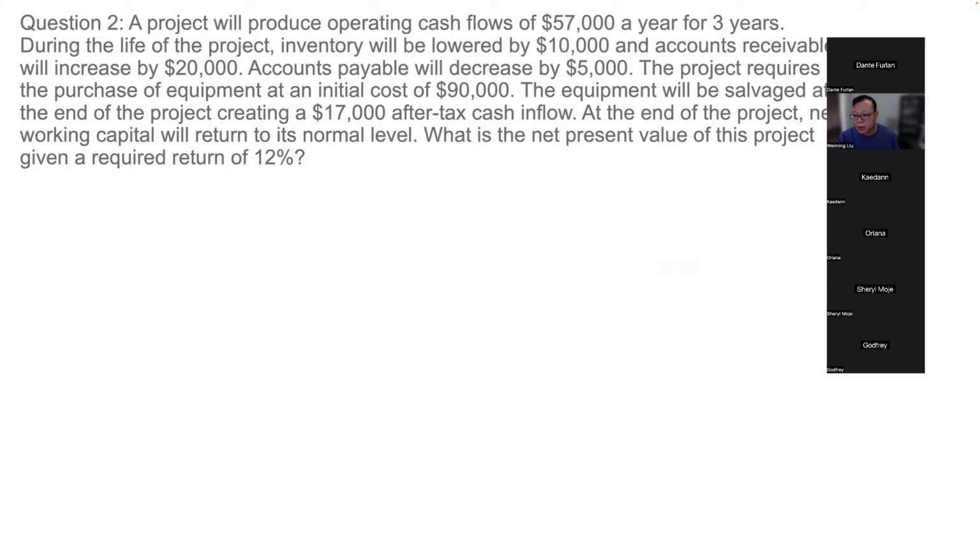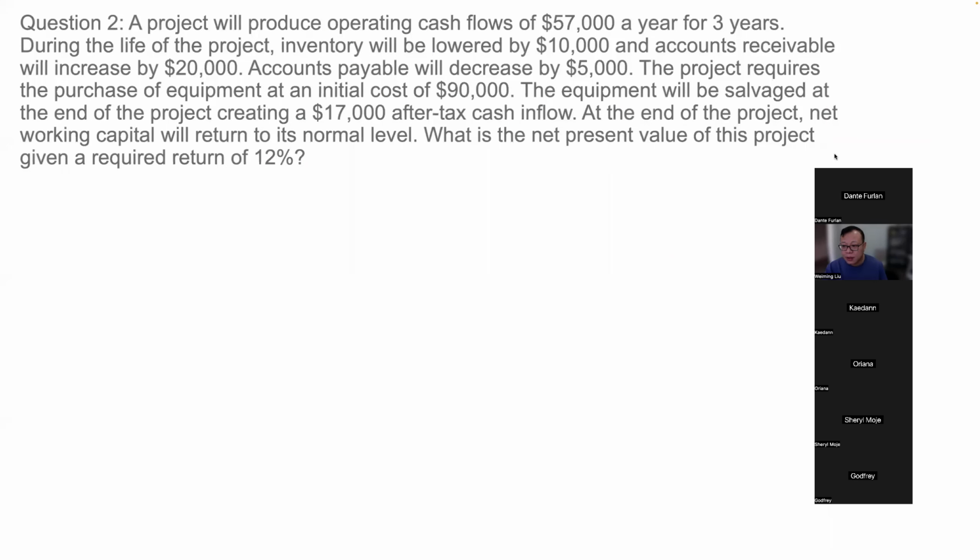For this question, I want to spend some time. Question 2: a project will produce operating cash flows of 57,000 a year for 3 years. During the life of the project, the inventory will be lowered, a decrease of 10,000.